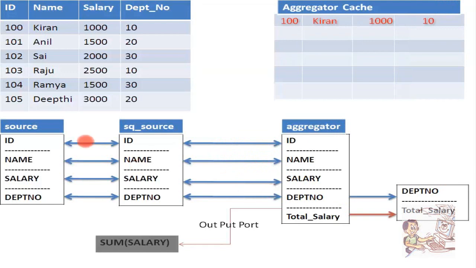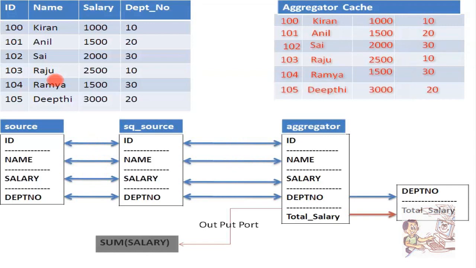Now the second record will come from the source. Again, this record will be inserted into your aggregator cache. Like this, if you have 1 lakh records in your source, all records will come and be inserted into the cache. It's a backend functionality, sir. The aggregator transformation has internal memory, what we call caches. So this data is coming into the cache.